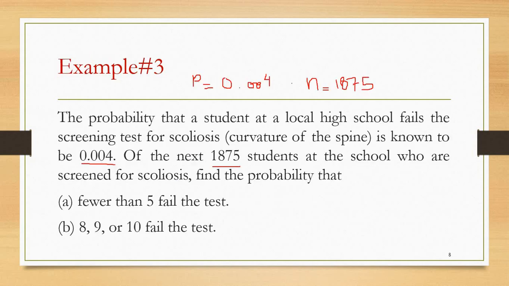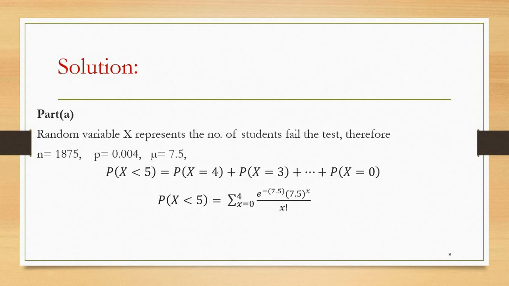And as we are asked to find the probability that fewer than 5 will fail the test, this will be probability x less than 5. 5 is not included as they are asking fewer than 5. So it will be equal to probability x is equal to 4 plus probability x is equal to 3 and so on, up to probability x is equal to 0.